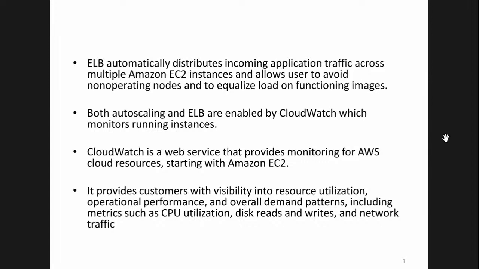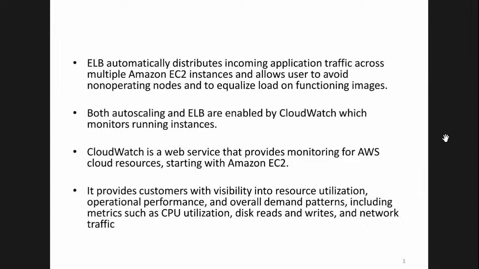Suppose you are providing your cloud service to millions of people all over the world, like what Amazon Web Services or Google App Engine are doing. If you take Google search engine as an example, thousands of people will be requesting something every minute. So to handle those kinds of requests and balance the load is one of the most important things. That's why ELB, Elastic Load Balancing, plays a major role.